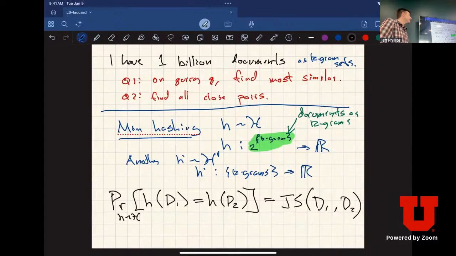I do these hashes and the things that collide are probably similar. How I turn that into a data structure is a little trickier, but this is the key trick. I want to create a bunch of these hash functions, and then use them to find similar things if they hash together a lot.